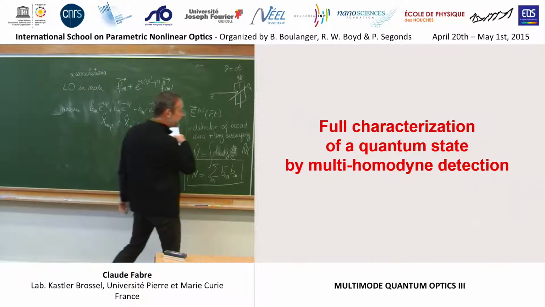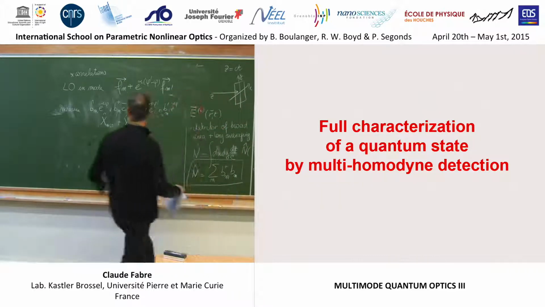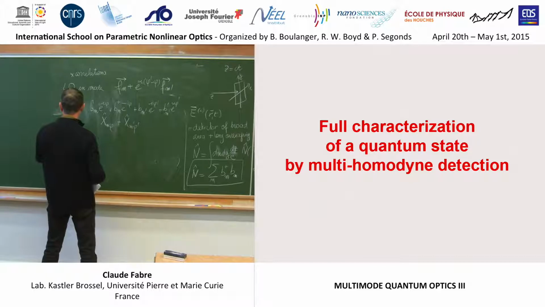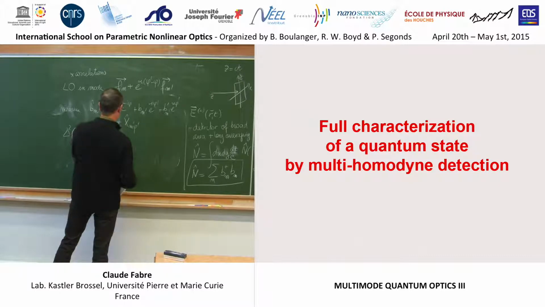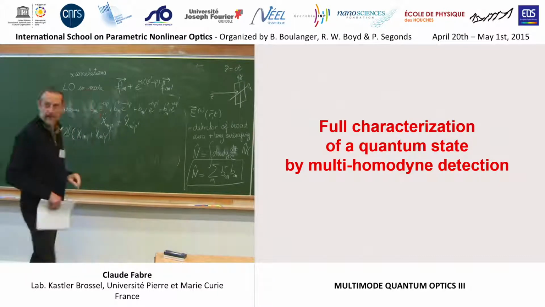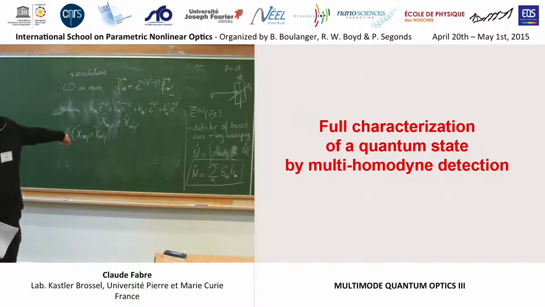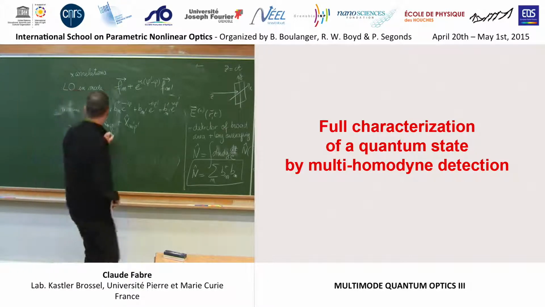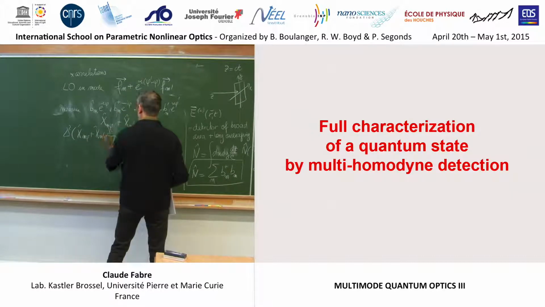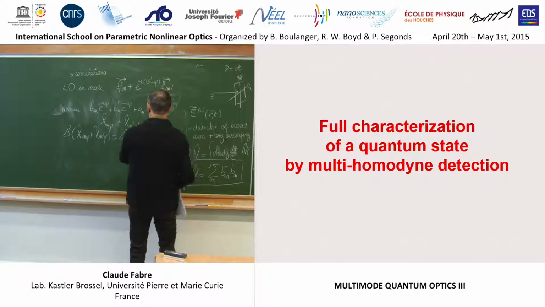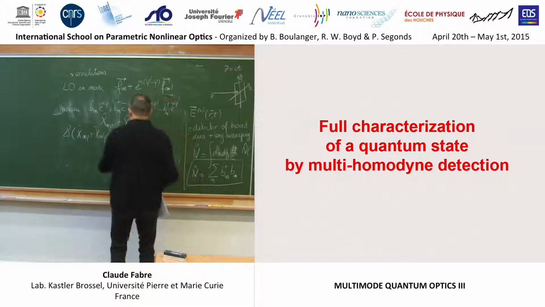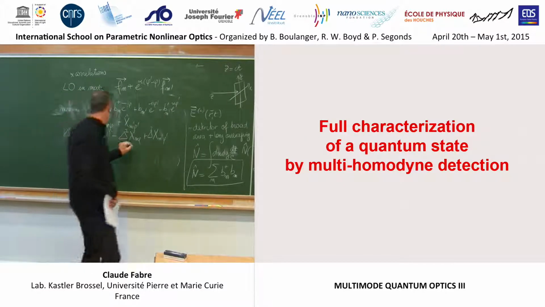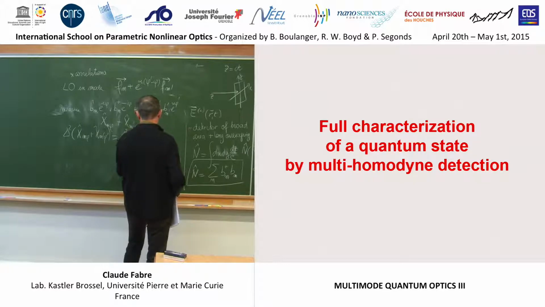And then by looking at the variance of that, I will be sensitive, of course. The variance, delta squared of xm phi plus xm prime phi prime, is what I measure. And you know that you can write this as the variance of xm phi, plus the variance of xm prime phi prime, plus twice the correlation of xm phi, xm prime phi prime.